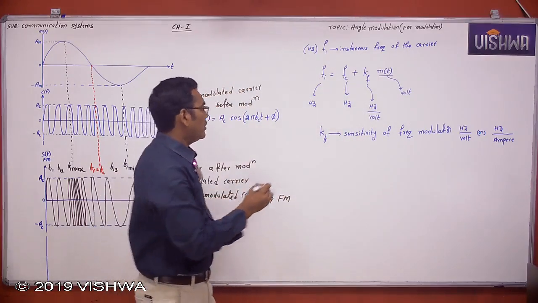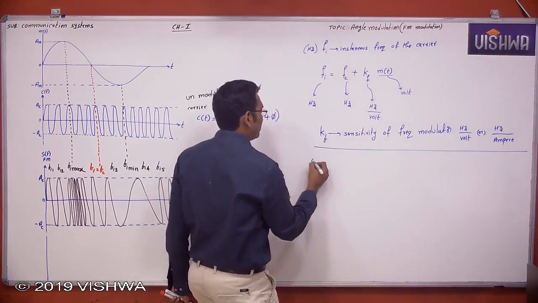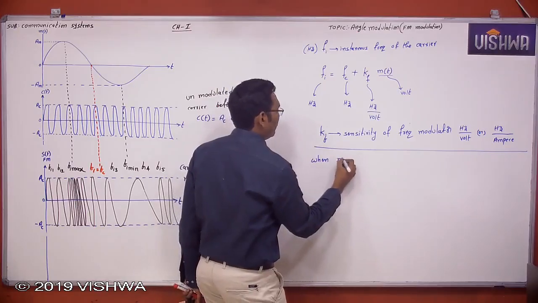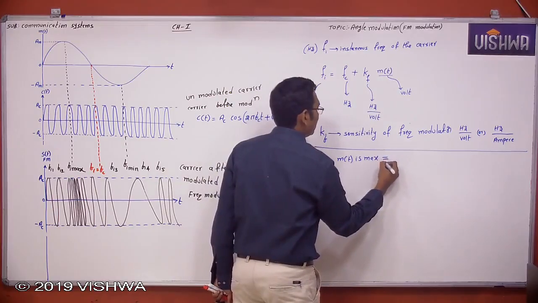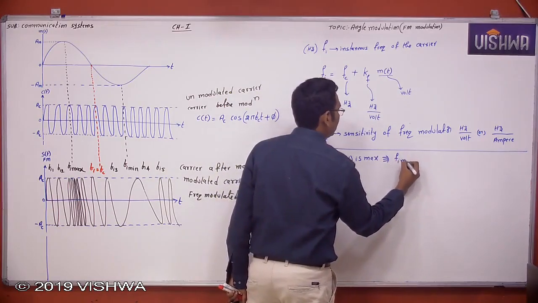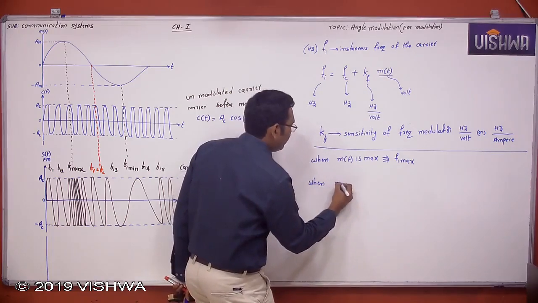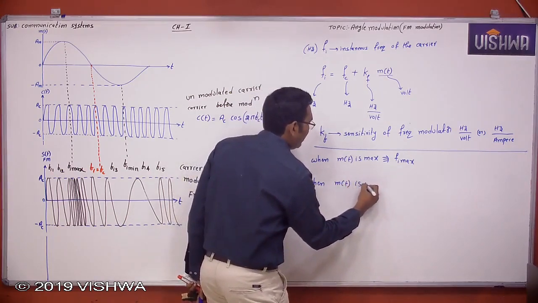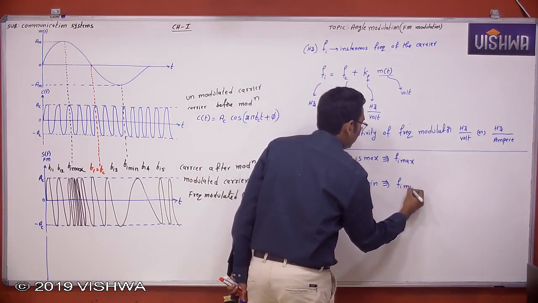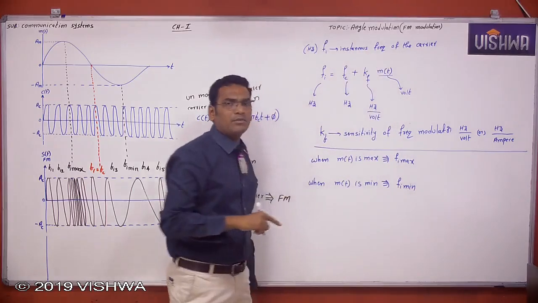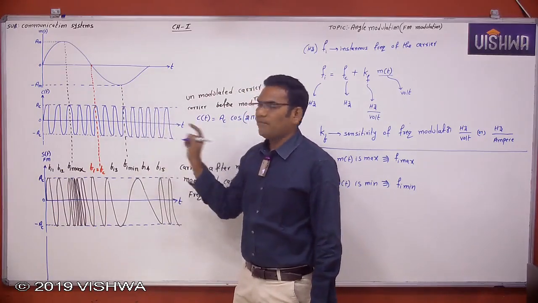Now you see here, you concentrate. When m of t is maximum, Fi is maximum. When m of t is minimum, Fi is minimum. So m of t is maximum, so Fi is maximum. M of t is minimum, Fi is minimum.